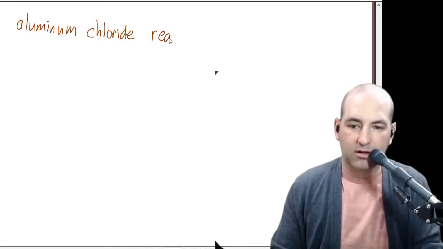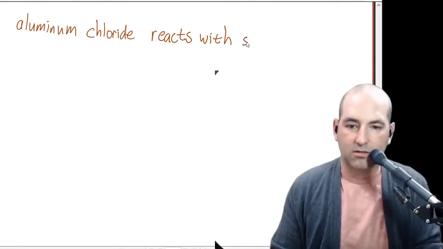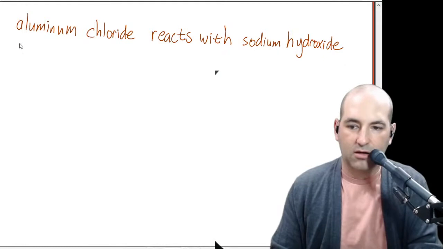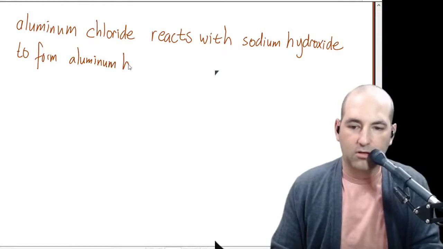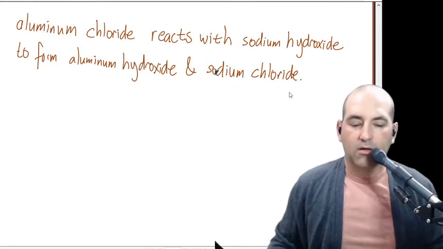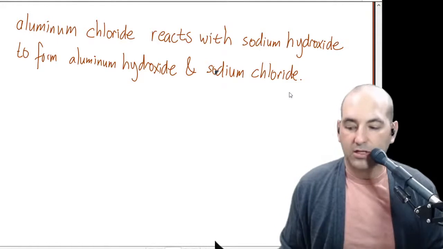So something like aluminum chloride reacts with sodium hydroxide to form aluminum hydroxide and sodium chloride.